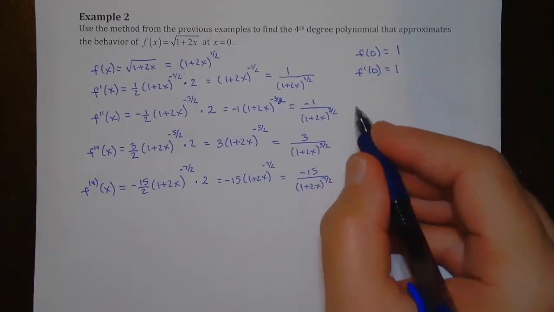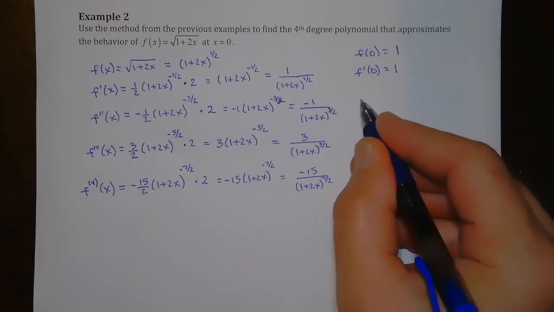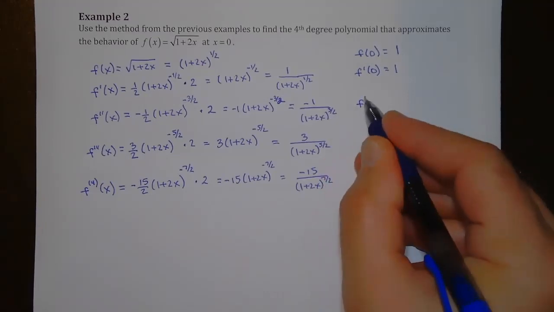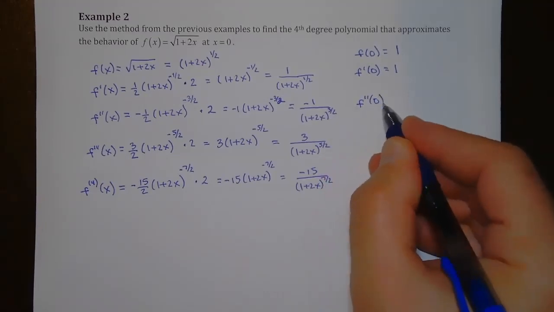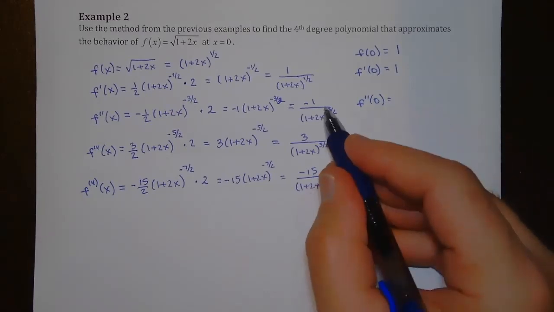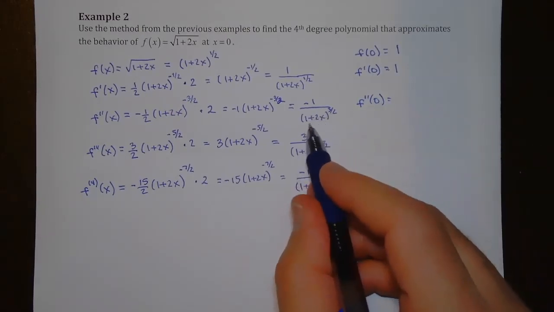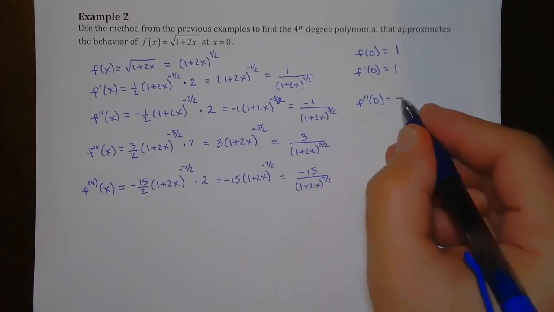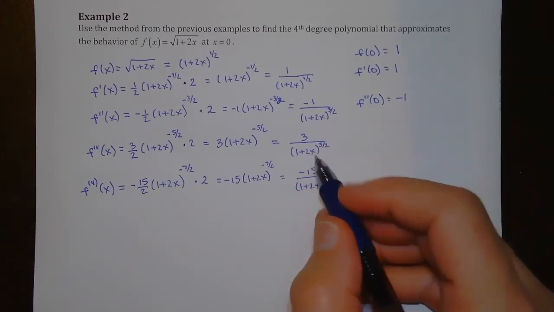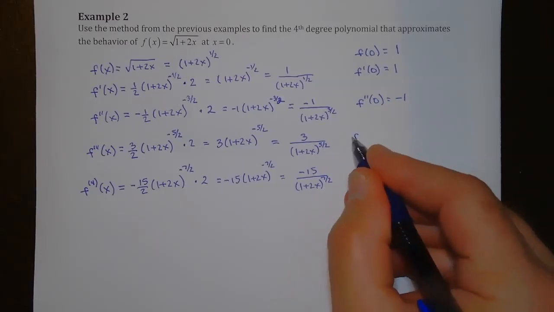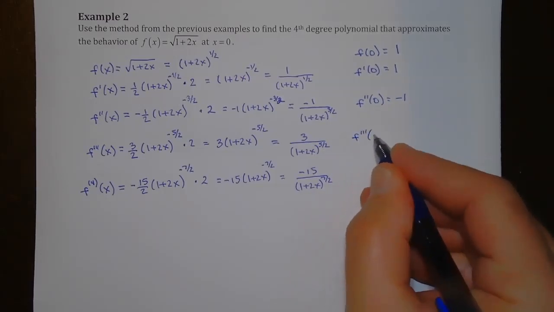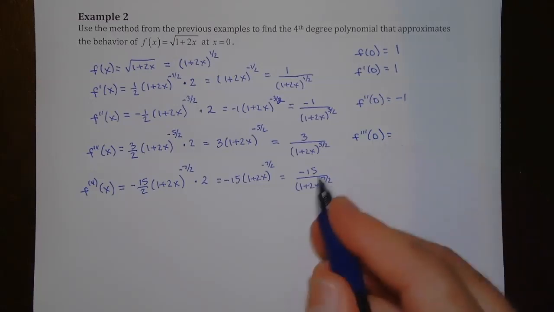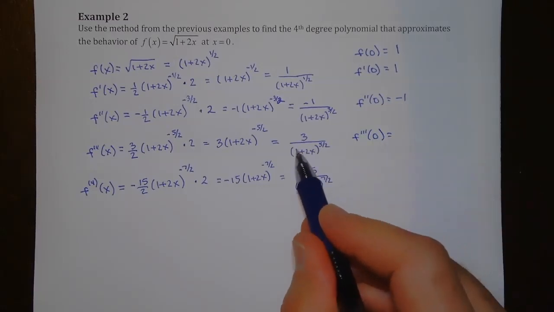All right. And then the second derivative at 0, that'd be this one. So it's going to be negative 1 over, this would again be 1, right? 1 to the 3 halves, and that'd still be 1. So this is negative 1. And then right here, the third derivative at 0 would be, this inside the parentheses would be 1 again, right?